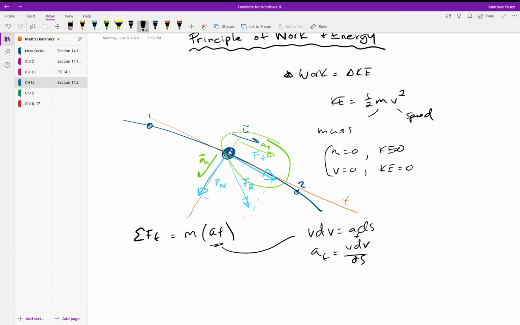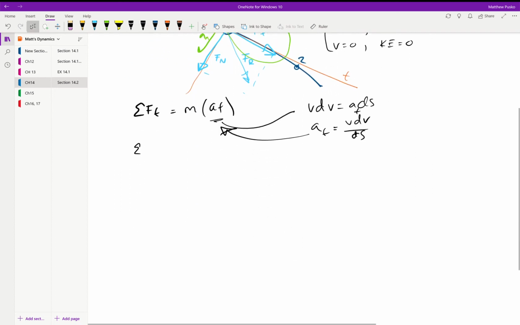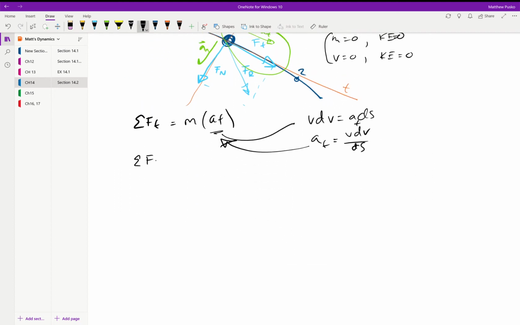And let's make the substitution. Substituting gives me the summation of the forces in the tangential direction is equal to mass times v dv over ds. Alright, separating by putting ds over on this side, we get the summation of the forces ds, which we will integrate from s1 to s2.